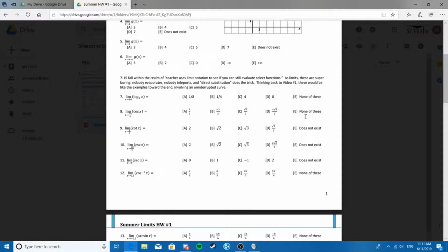Yeah, square root of 3. Over 1 if you want to be that way. So that means the cotangent would be 1 over the square root of 3, and then we multiply that out to be square root of 3 over 3, because you don't want a square root in the denominator. So this answer is D.